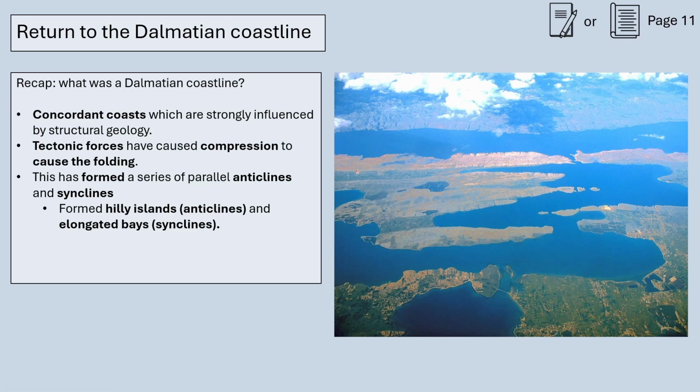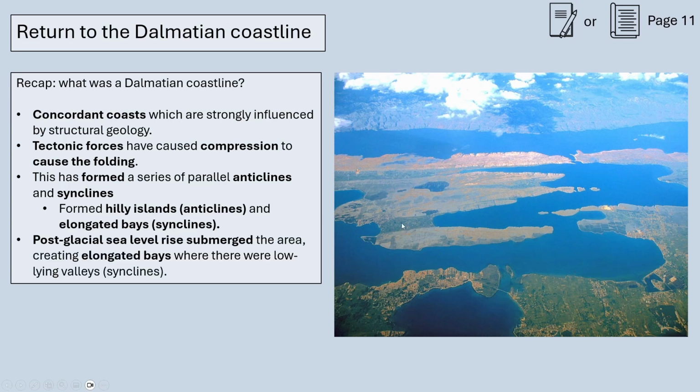And this is an example of another submergent coastline caused by post-glacial sea level rise. So just like with the RIAs, what has happened is we've got post-glacial sea level rise submerging the area, creating those elongated bays, where there used to be low-lying valleys, the synclines.